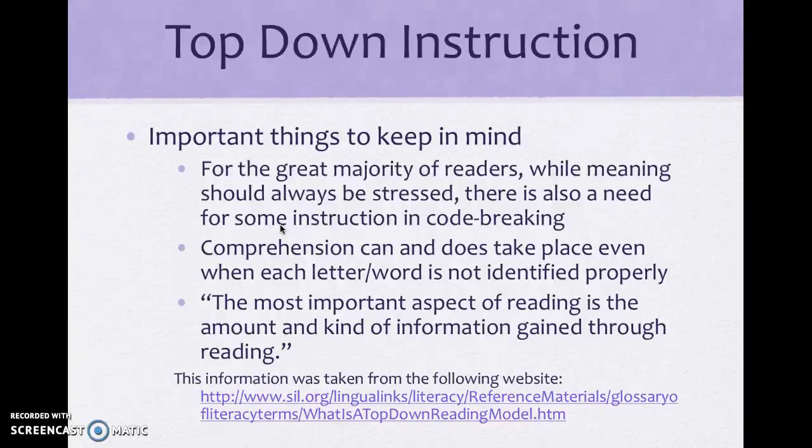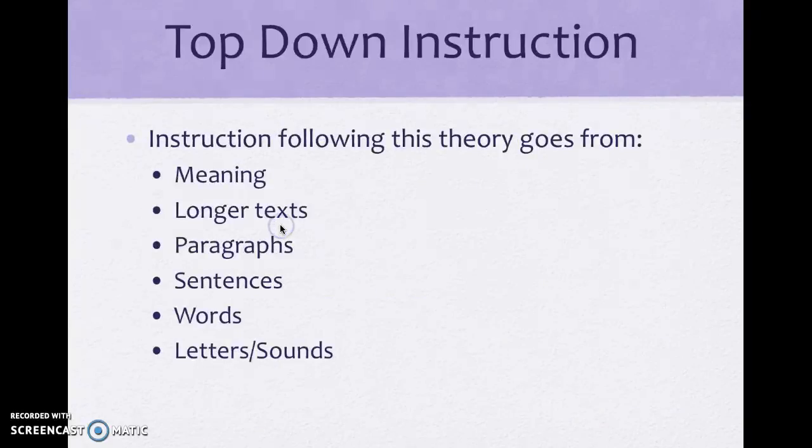So you most often still are making meaning from that reading, and the meaning is the most important thing, that you don't always need to read every word exactly correctly. And then there's a quote here: the most important aspect of reading is the amount and kind of information gained through reading. And again, there's a link here.